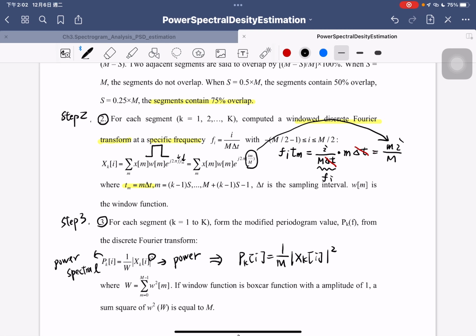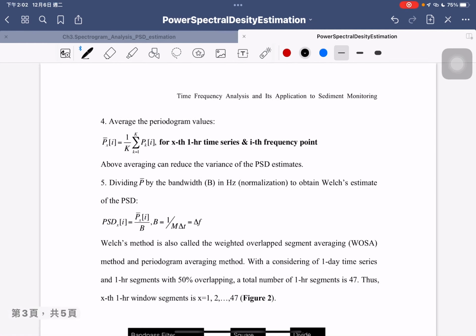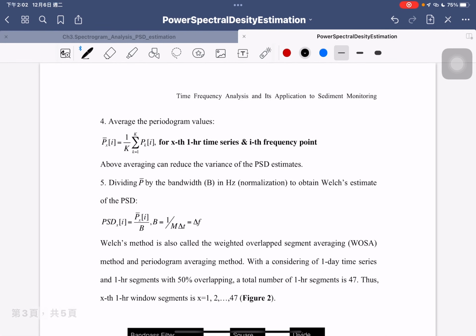And the final step, we should divide by the bandwidth of the frequency. So we can move to the 4th step here. This is step 4, and then there is step 5 here.